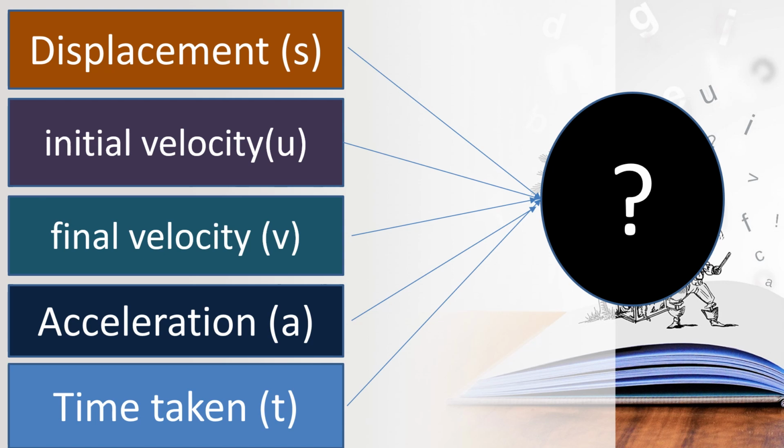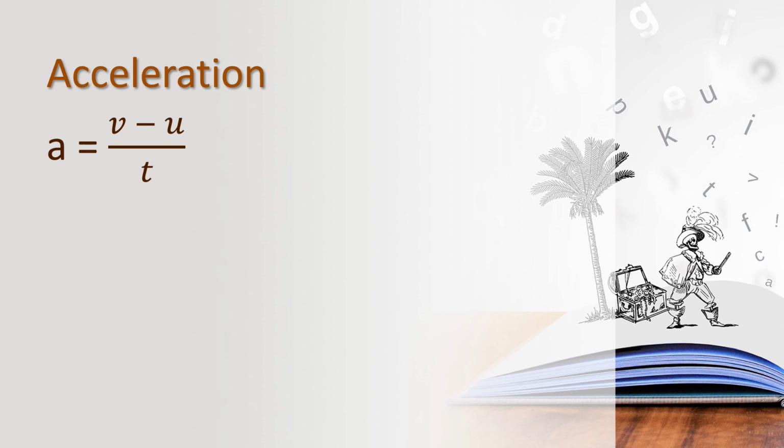Have you learnt any formula with these terms? We have learned the formula for acceleration: acceleration equal to final velocity minus initial velocity upon time taken, that is a equal to v minus u upon t.